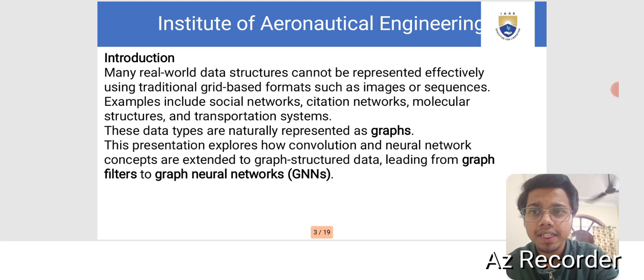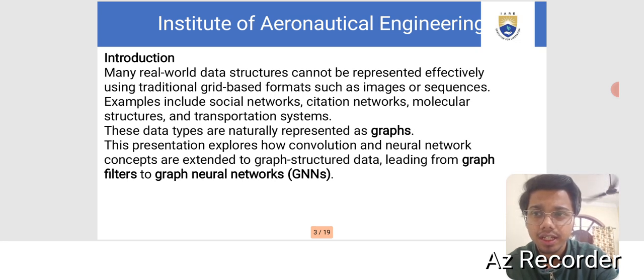Introduction. Many real-world data structures cannot be represented effectively using traditional grid-based formats such as images or sequences. Examples include social networks, citation networks, molecular structures, and transportation systems.